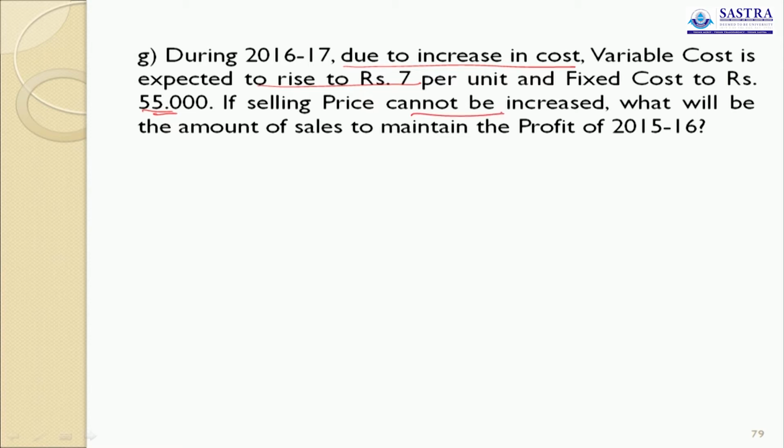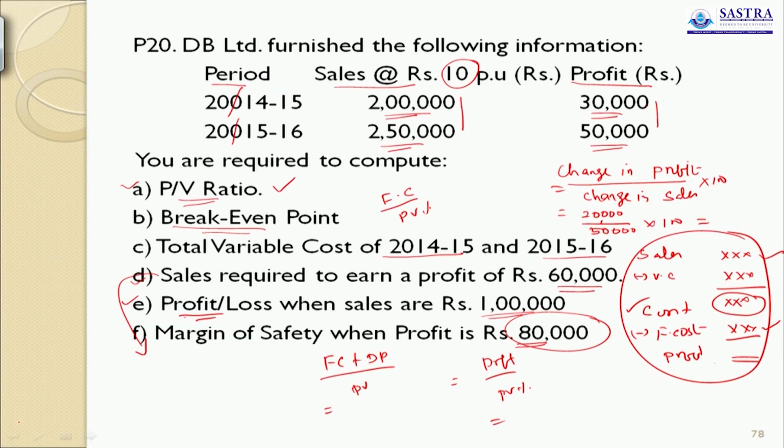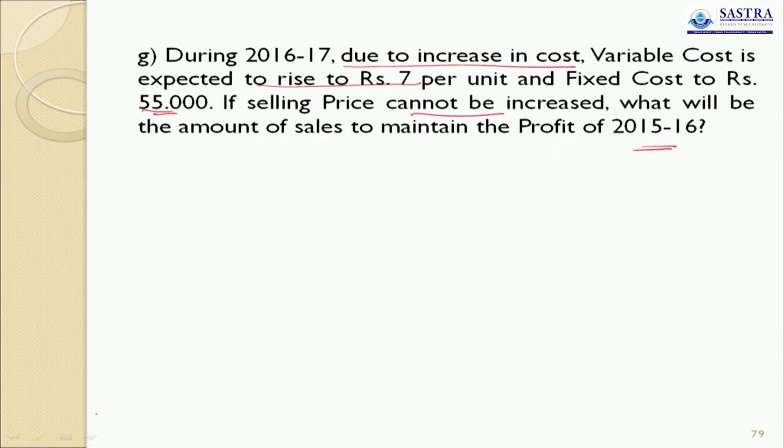So, what will be the amount of sales to maintain the profit of 2015-16? The profit of 2015-16 is 50,000. Suppose you have to maintain the same profit in the year 2016-17, what will be the required sales?